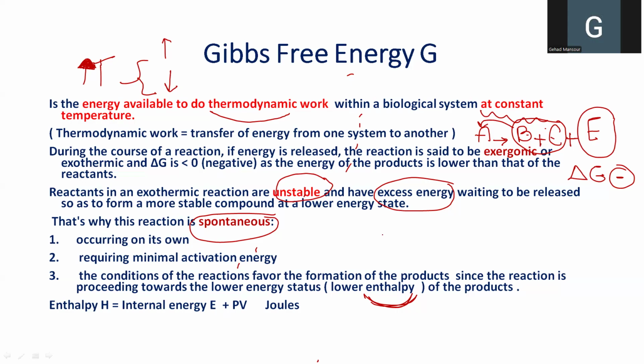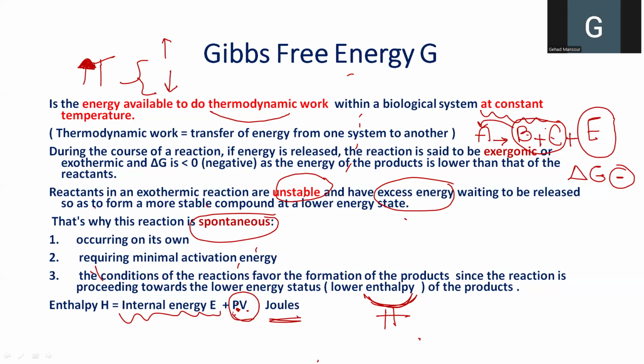But if we want to translate this into quantities, numerical values, the enthalpy, denoted H, is actually the internal energy of the molecules plus PV, in joules. PV of the system is the product of the pressure and the volume of the system.